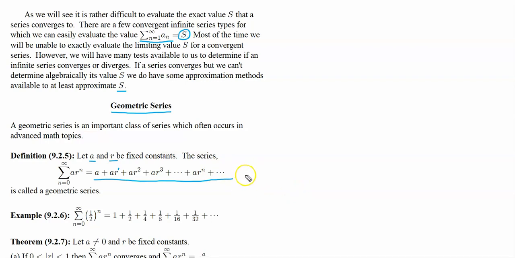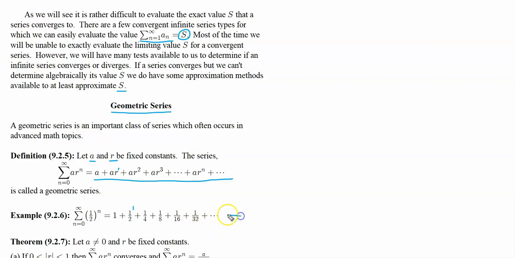This does occur in many applications. For example, what is the sum from 0 to infinity of 1/2 to the nth power? Well, that's just going to be 1 plus 1/2 to the first power, plus 1/4, that's 1/2 squared, plus 1/8, 1/2 cubed, plus 1/16 plus 1 over 32, and so on to infinity.